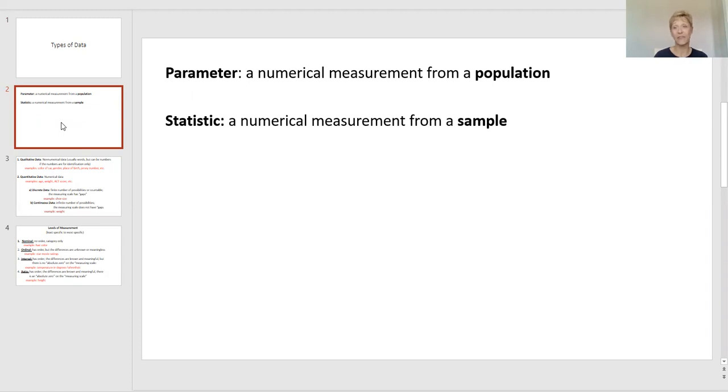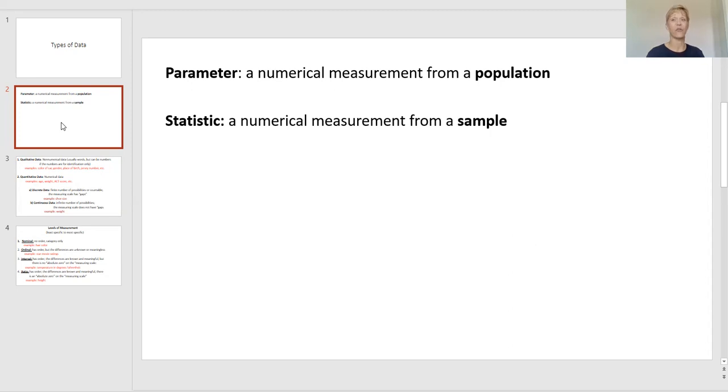So if I said the average age, maybe I wanted to know the average age of a college student. Suppose the average age of a college student is 21 and 2/10 years. Well, where did I get that number? Did I get it from all the students in all the colleges around the world?